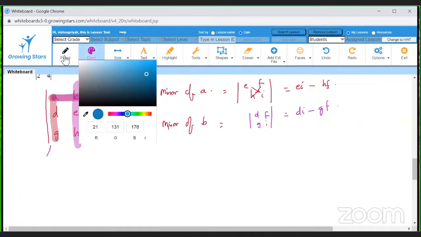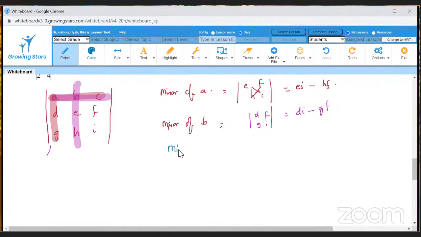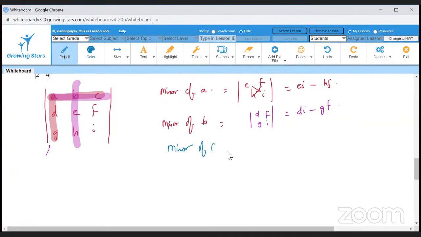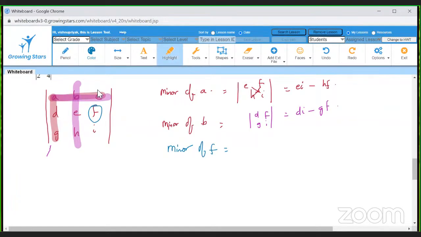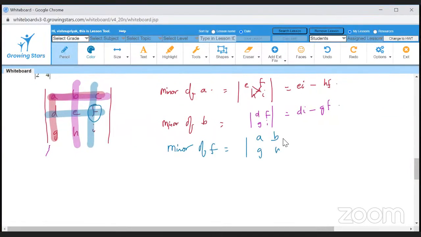Suppose I ask you, find the minor of F. Where is F? This is F. So remove the F row and F column. What is left? The determinant of A, B, G, H. A H minus B G.